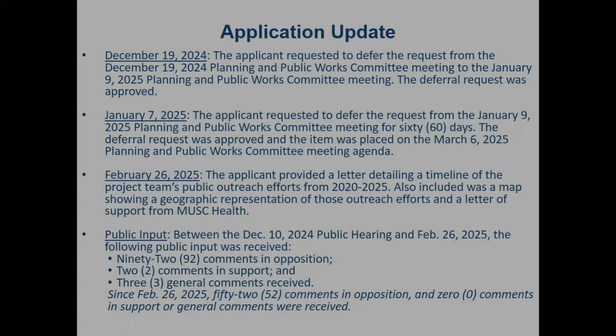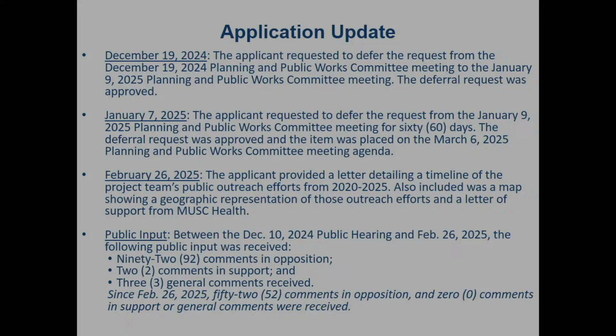On February 26th, the applicant provided a letter detailing a timeline of the project team's public outreach efforts from the beginning of the project to the present day. They also included a map showing a geographic representation of the outreach efforts, a letter of support from MUSC Health, and the updated public input numbers. At this time, I can continue the rest of the presentation, which is the same as the one from the public hearing in December, or I can take any questions.